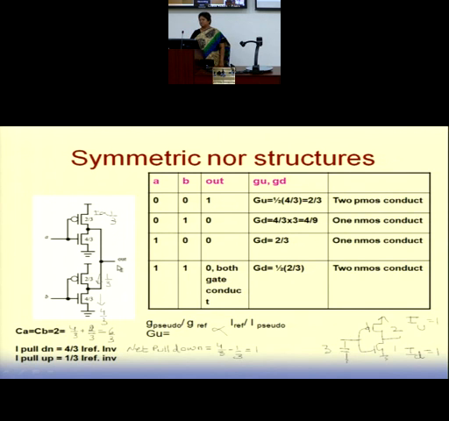If you look at the ratio of the two currents, what G value should you get for the up transition? How do you find it? I reference, or I standard, upon I of the gate.